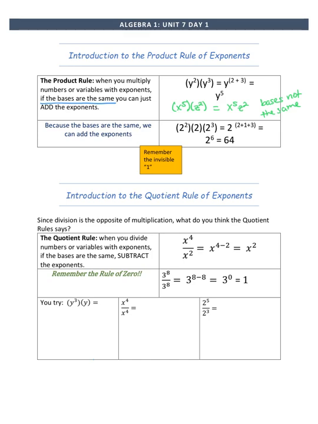Okay, now let's apply this product rule to numbers, okay? Let's look over here. You've got 2 squared times 2 times 2 to the 3rd power. Well, remember, as we say here, the invisible 1, just because there's no exponent written doesn't mean there isn't one. It's the invisible 1.